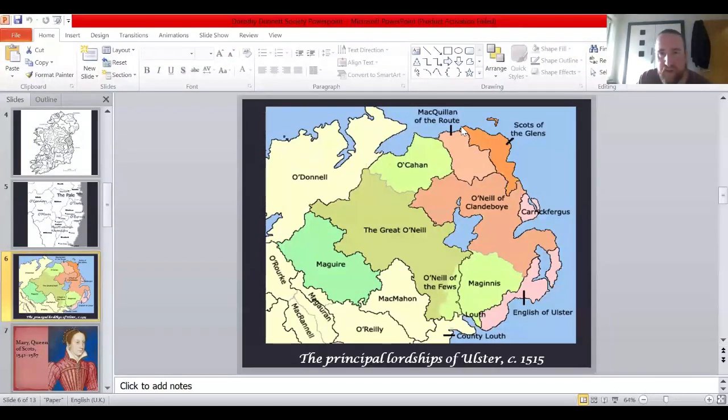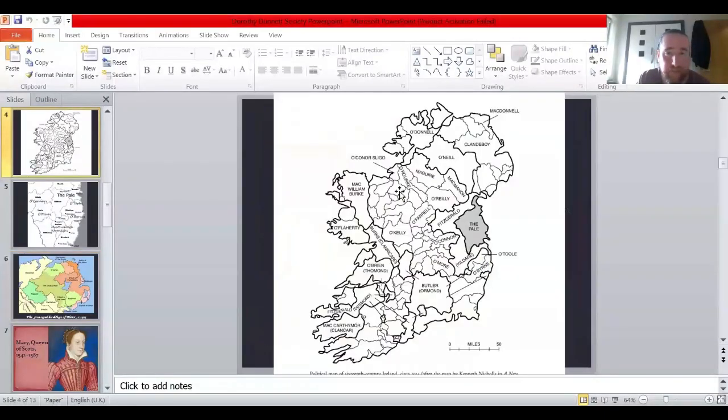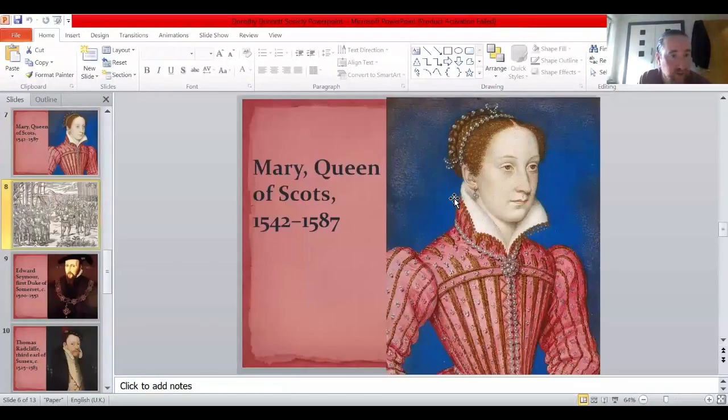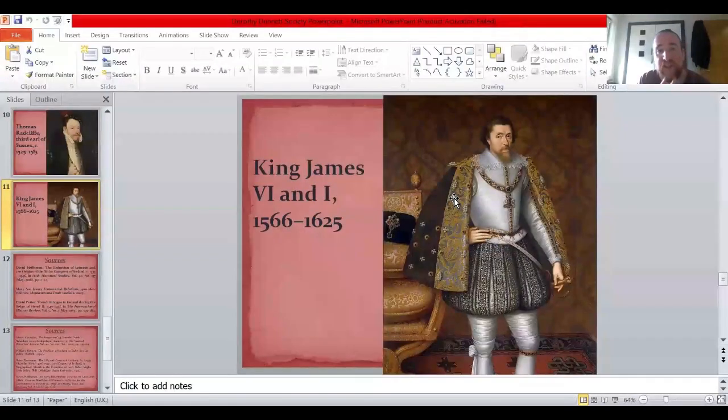Especially in the 1580s, you have large bands of Scottish gallowglass or mercenaries that occasionally land into places like Loch Foyle here or parts of Donegal, and even all the way down here into Connacht. So the Scots continue to be seen as a problem in Ireland until 1603. And once James VI becomes king, the situation just changes pretty much overnight.